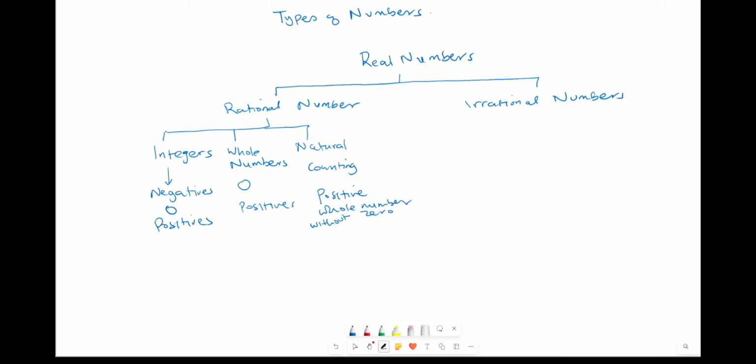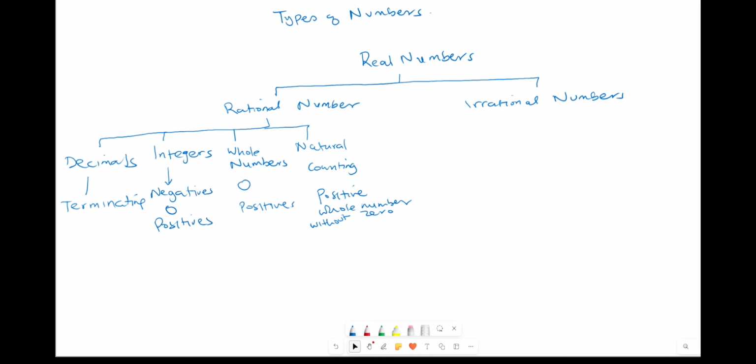We have what we call decimals, but not just any decimals, because when we go to the other side of real numbers, when we start talking about irrational numbers, you will also see that decimals appear in irrational numbers. So let's look at the kind of decimals that are part of the rational number family. 1, we have something called terminating decimals.